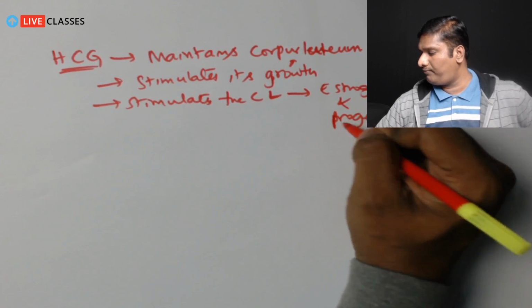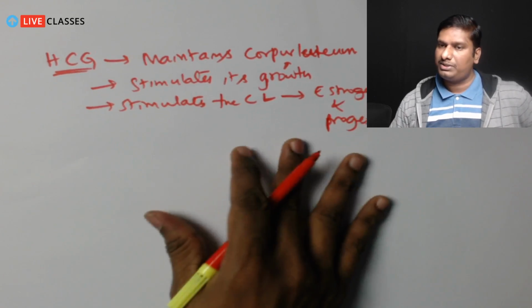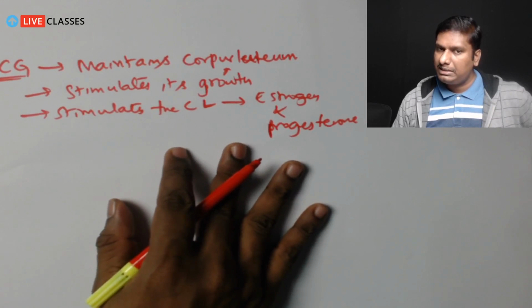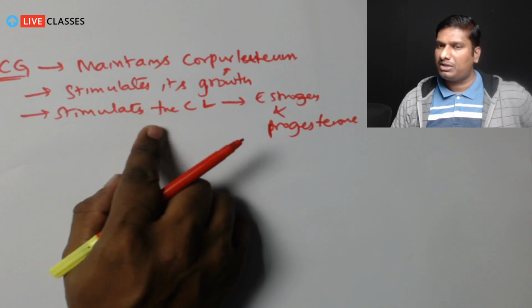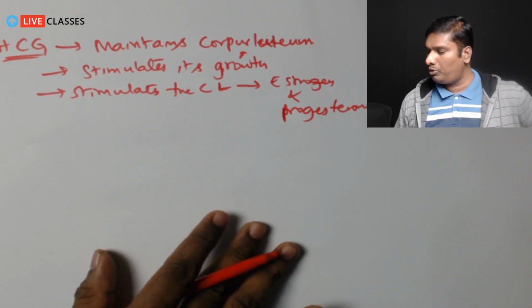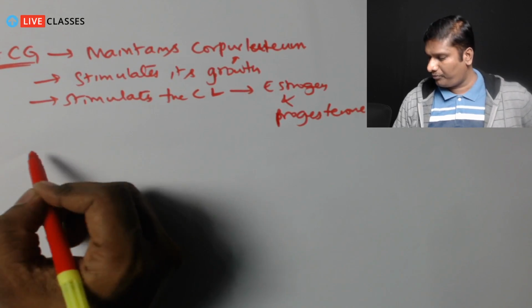So higher levels of estrogen and progesterone can be seen during pregnancy because the HCG stimulates the corpus luteum to start secreting more and more estrogen and progesterone.